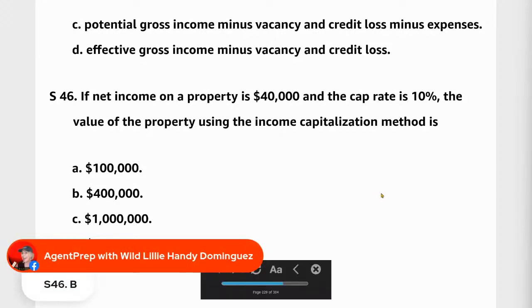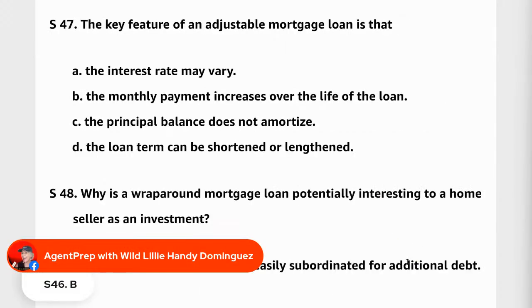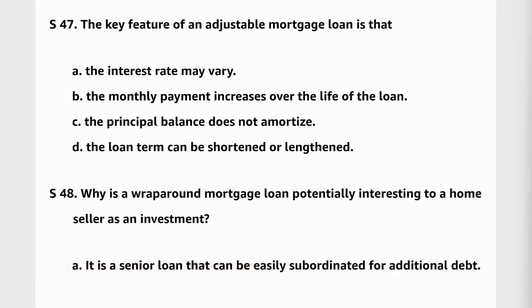All right, number 47. The key feature of an adjustable mortgage loan, called an ARM, is that A, the interest rate may vary, B, the monthly payment increases over the life of the loan, C, the principal balance does not amortize, or D, the loan term can be shortened or lengthened.